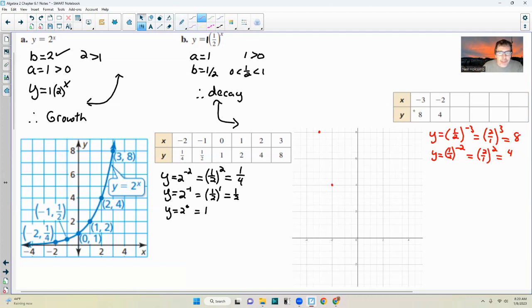All right, and then we go to -1. So we're going to get y equals 1/2 to the -1, which equals the reciprocal to the +1, which is just simply 2. Okay, so we are going to plot the point (-1, 2).